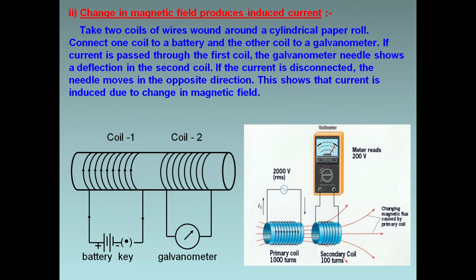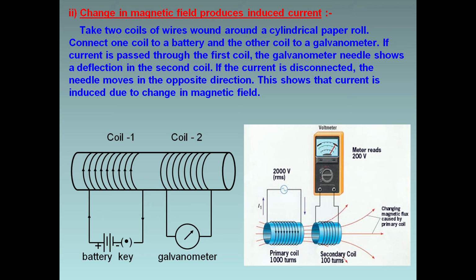What is the second way? The second method of producing induced current is by changing the magnetic field. So you can understand with the help of activity given in your book. We are to take a simple chart paper and roll it in the form of a cylinder.